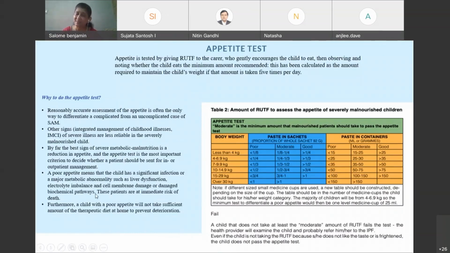You can tell the mother to prepare their own RUTF, because these are not readily available. Only in the city you will get commercial preparations, and we see more of these children in the community. In the appetite test also, this sachet is used after determining the requirement of the child.